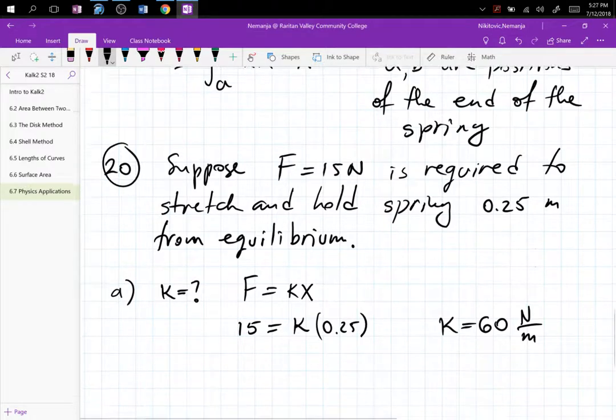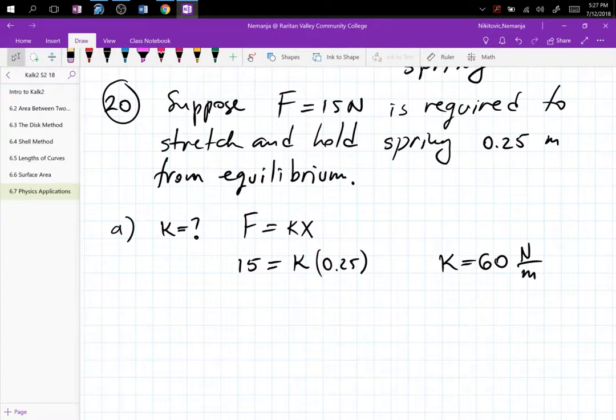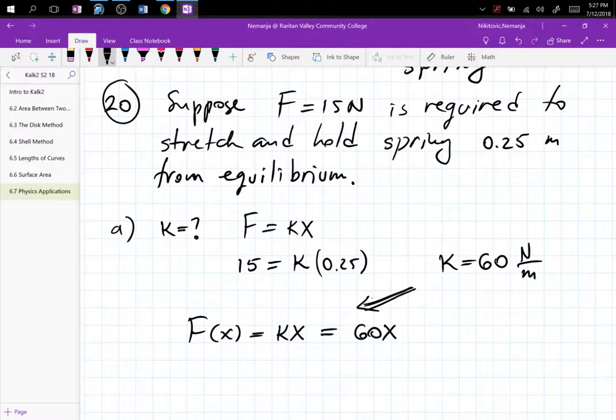Now, what this does is it immediately creates a function F(x), which is kx by Hooke's law, 60x. So this is our variable force function for this spring. It's 60x. And now we can look at other questions.